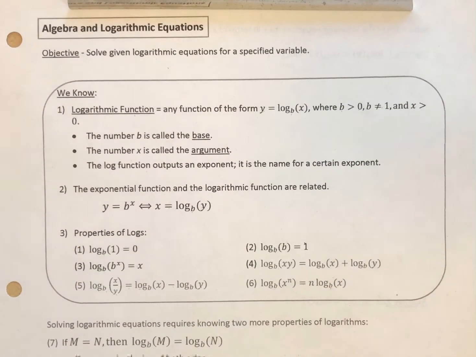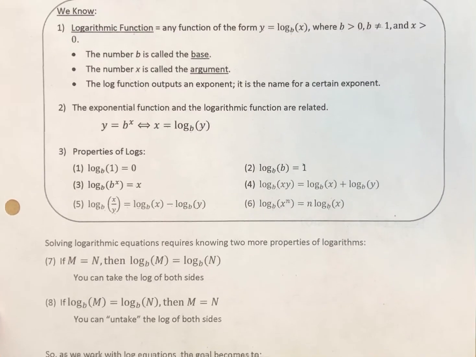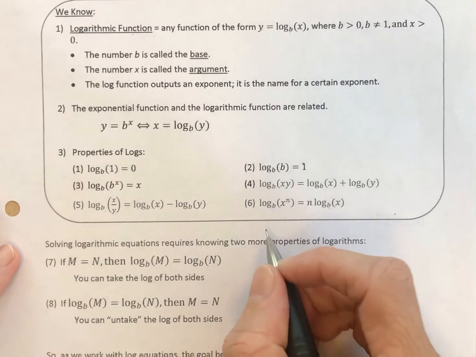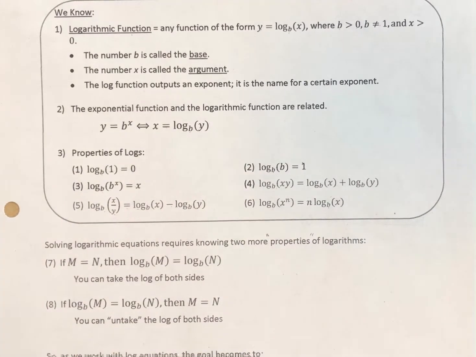To do a little work with solving equations for a specified variable, we want to introduce two more properties. They're not really properties, so I'll put it in quotation marks. But two more things to be aware of, and it's basically two takes on the same idea.